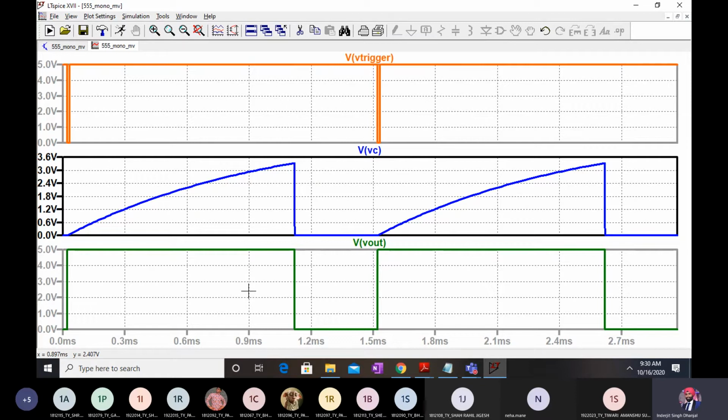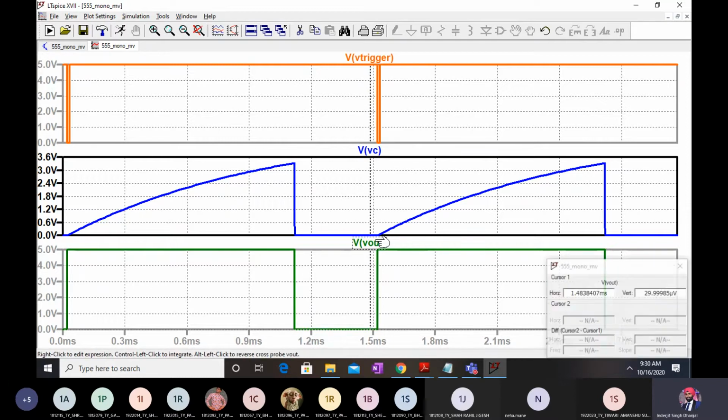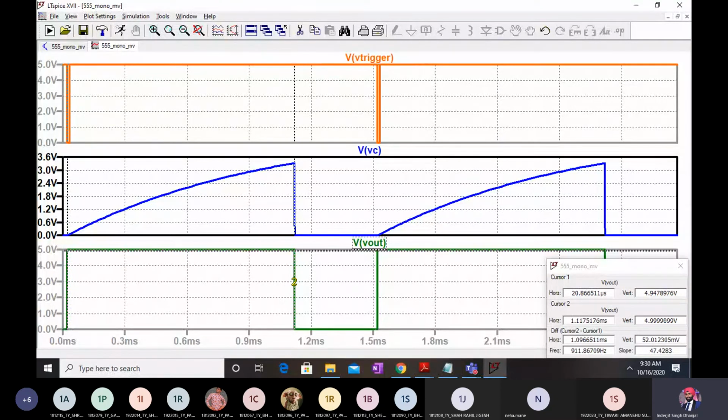The pulse width which we want should be 1.1 millisecond. So actually this pulse width over here, let us check whether it's 1.1 coming or not. Over here I'll bring this cursor like this. First I'll place it over here, and the second cursor I can place it over here. The difference between the two will directly give me the time period.